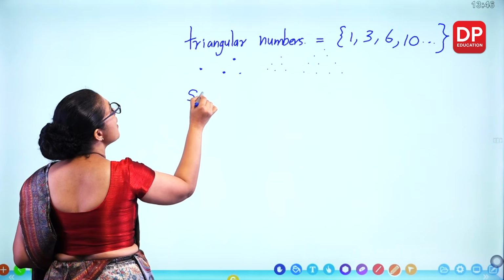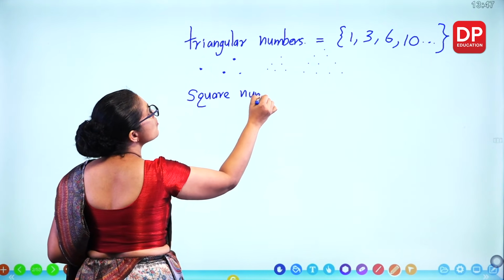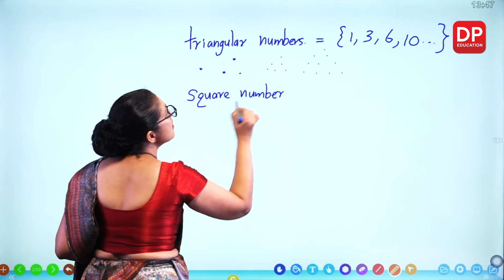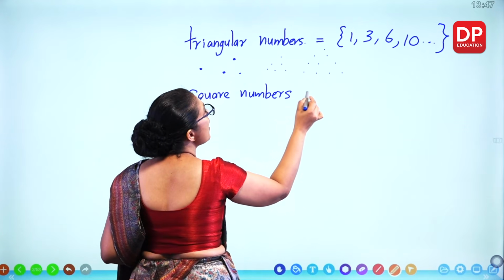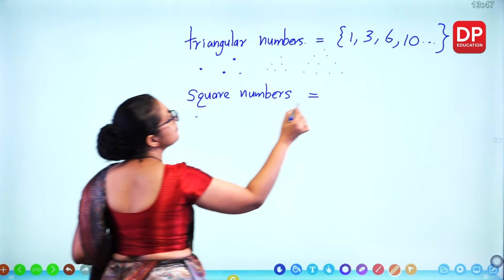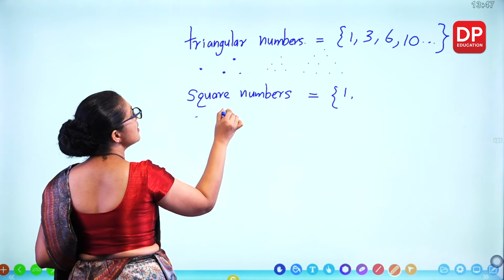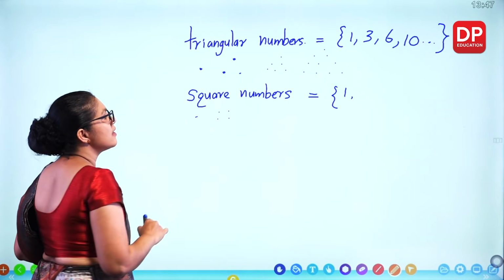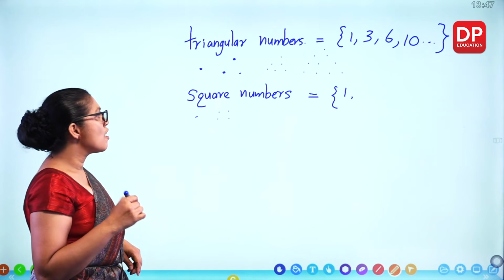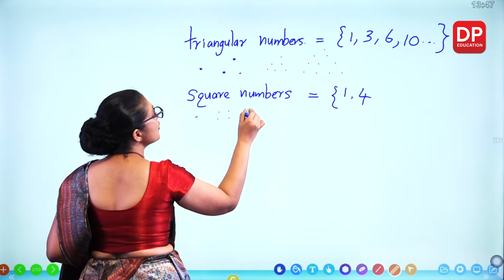Then what are square numbers? Square numbers are numbers with which we can make squares. So starting from 1, what's the other square number? I can draw another square with 4 dots. What about the next one?